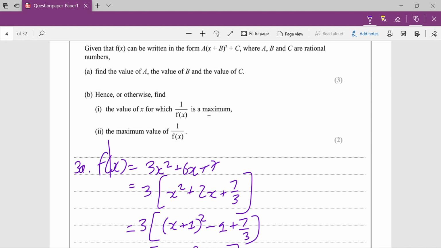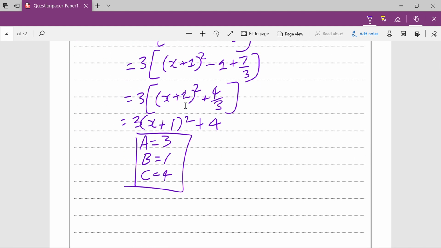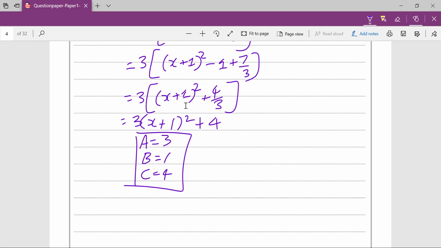Right, hence or otherwise, find the value of x for which 1 over f(x) is a maximum. Okay, so this looks like it's just a regular quadratic equation, and the thing is, when f(x) is at a minimum, it will still be above 0.